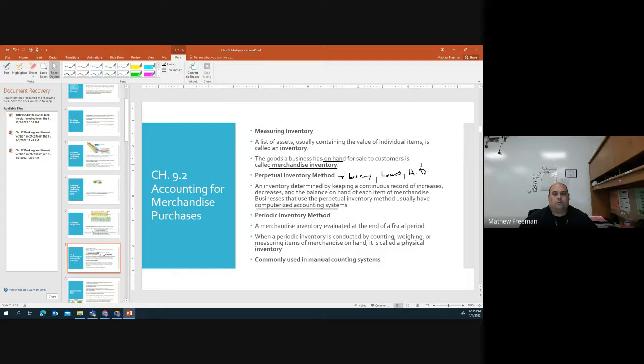Well, as you purchase the good and scan it out of the store, it's going to delete or decrease the amount of product that's on hand. And so the computer, as you're scanning it out and as they're scanning it in, is going to keep track of the increases and decreases.